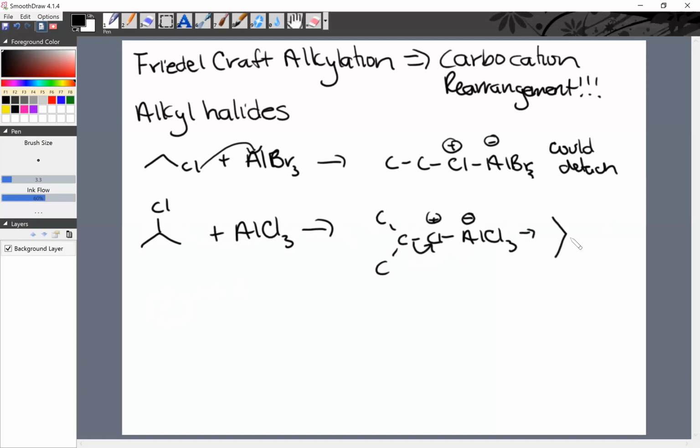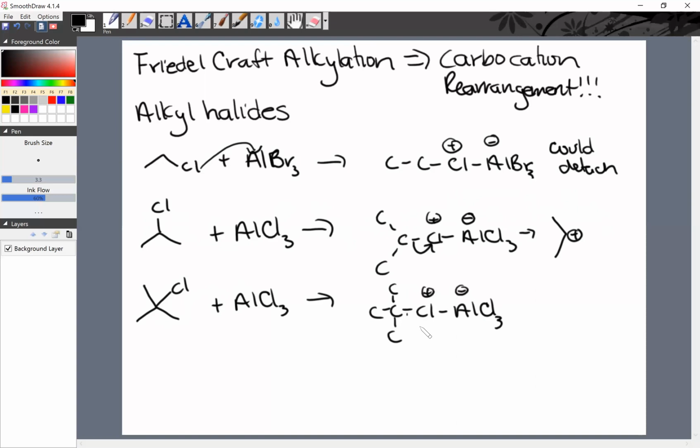And so instead of the complex, it could be a carbocation just on its own. Well, and a tertiary would be the same. Beware, tertiaries are getting pretty sterically hindered. And again, this one probably will pop off because it's a stable carbocation.